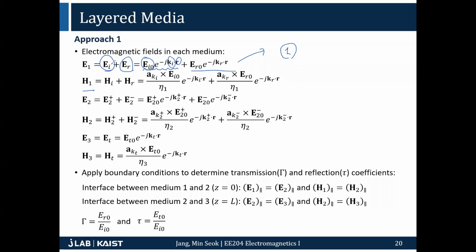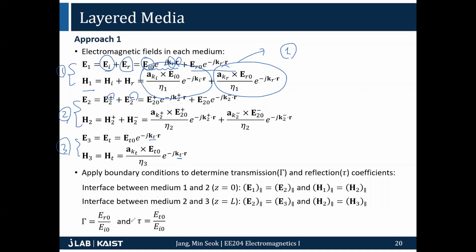Once you know E, then you can get H. There's no ambiguity, right? So this is your H_I, this is your H_R. These are the total electromagnetic fields in medium 1. And similarly in medium 2, you have the plus mode and the minus mode. And then in medium 3, there only is a transmitted wave, right?